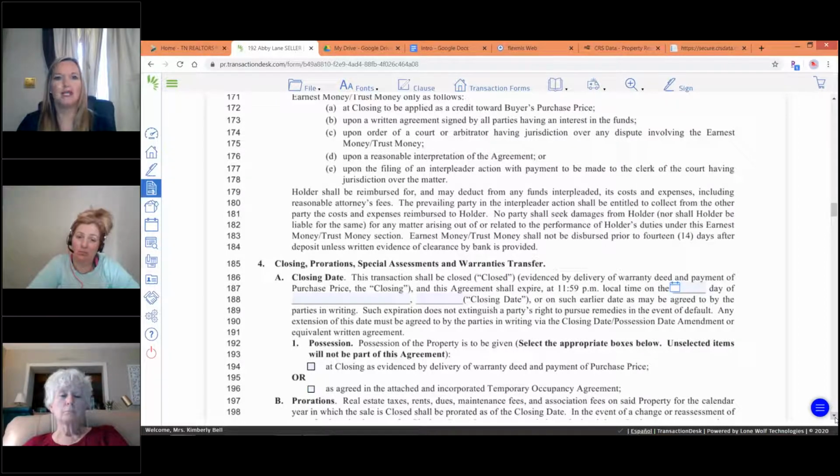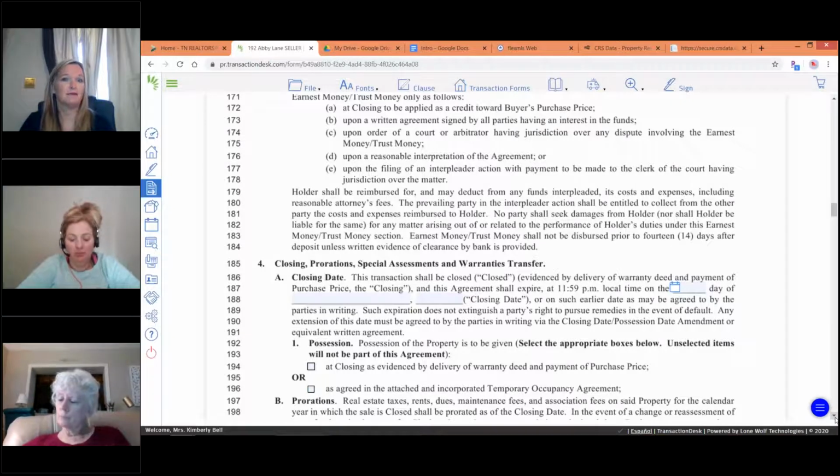You close on day 7, and on day 8 the check that they wrote your office bounced. That's not good. Now the people are gone. The only way for the real estate office to get that money back is to put a lien against that house, an unencumbered lien. You can take them to court and do all kinds of stuff, but it's important to show proof that it is 100% cleared. So by this, it says 14 days.